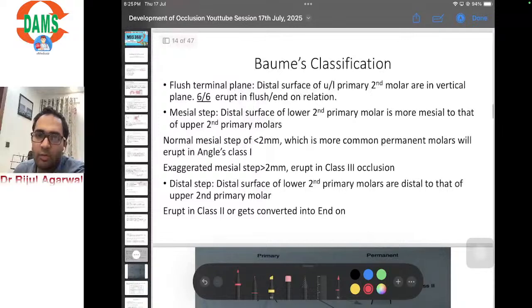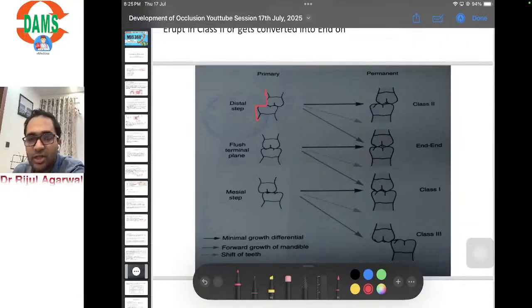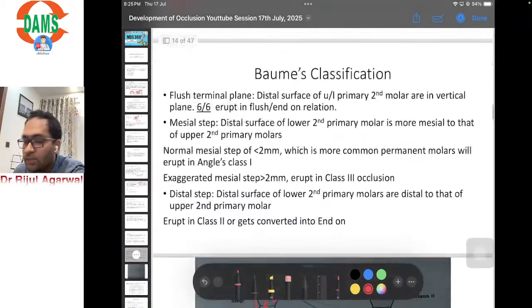Coming towards the Baume's classification of primary teeth. Like we have Angle's molar classification for permanent teeth, we have Baume's classification for primary teeth, which is related to the distal margin of the primary second molar. So what is flush terminal?